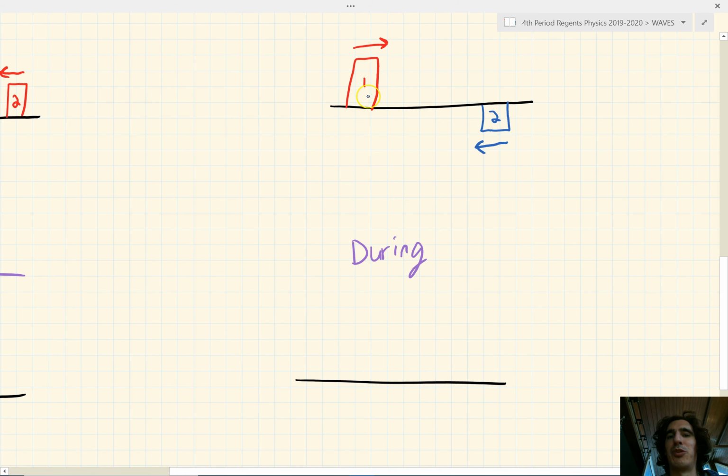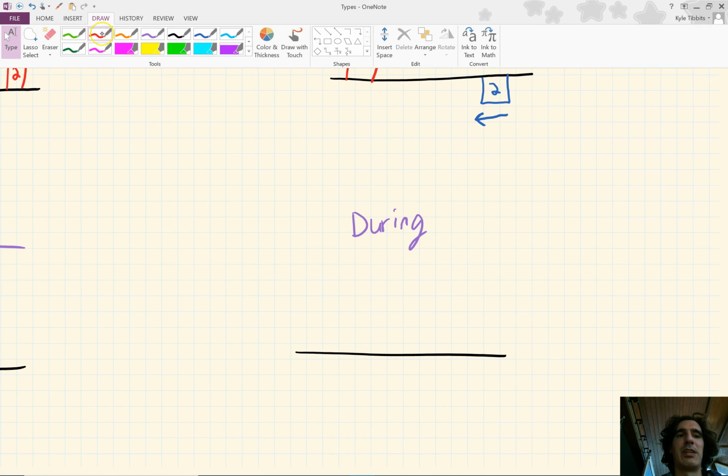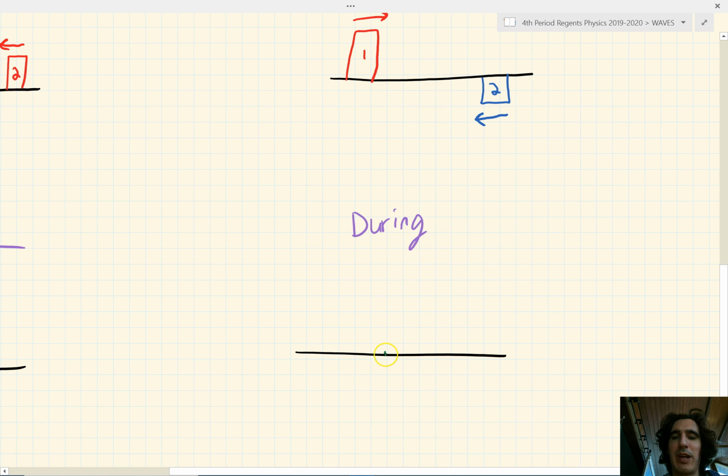All we're going to do is subtract wave 1 minus wave 2, and that's going to give us a wave with a smaller amplitude on the positive side. So that's 1 minus 2. If they're the same amplitudes, then the wave would disappear momentarily. If 2 had a greater amplitude, then the wave would be somewhere on the bottom.